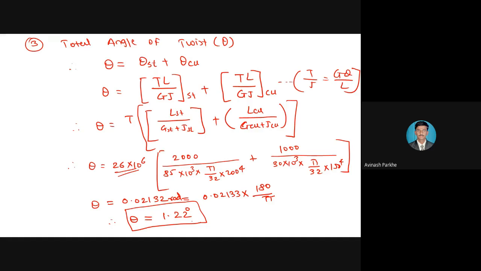Therefore, that construction is called shafts connected in series. In that case, if the shaft is subjected to torque, how do we calculate the total angle of twist? Total theta is equal to theta 1 plus theta 2 plus theta 3 plus theta 4, and so on, depending upon the number of shafts. Okay.